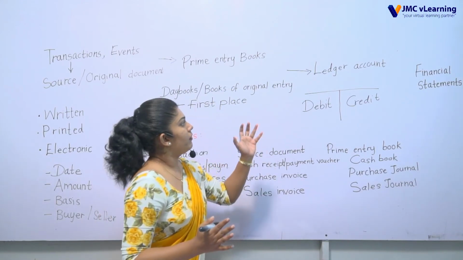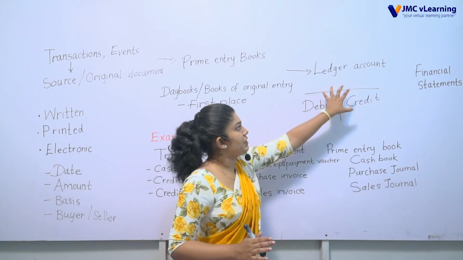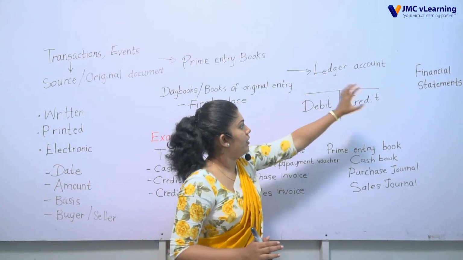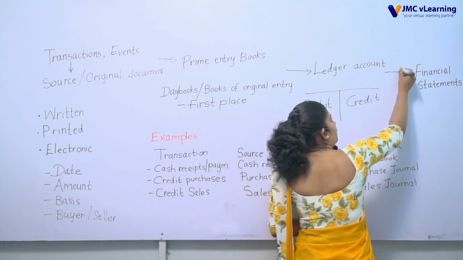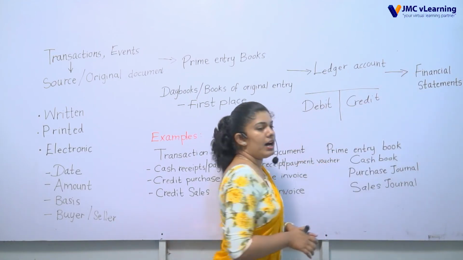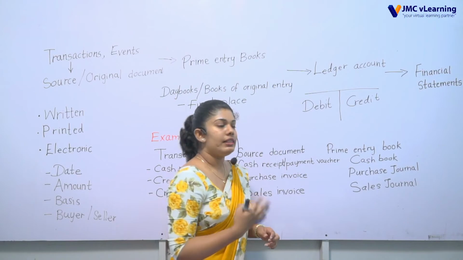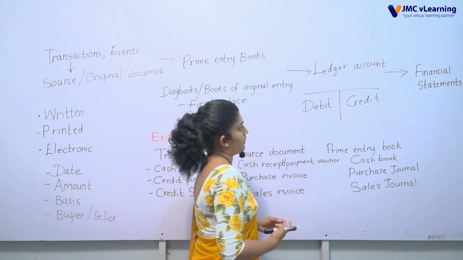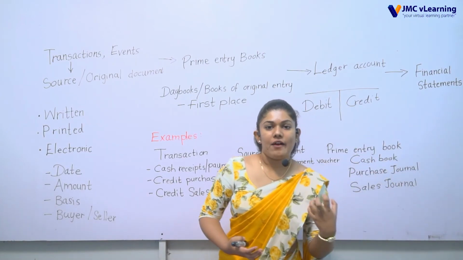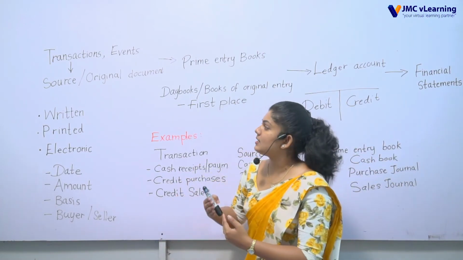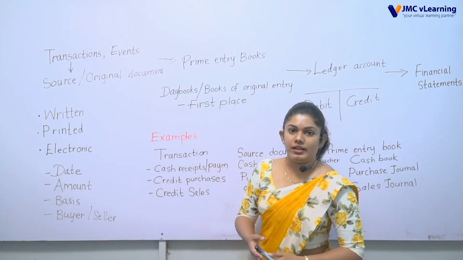Now you can see after ledger accounts we make financial statements. Financial statements are the output of the accounting process. So to get that output we have another process inside of recording transactions.